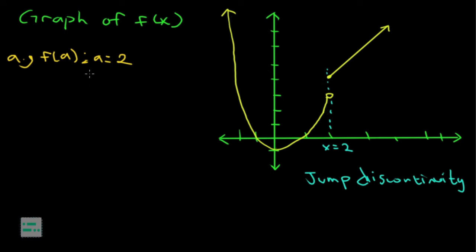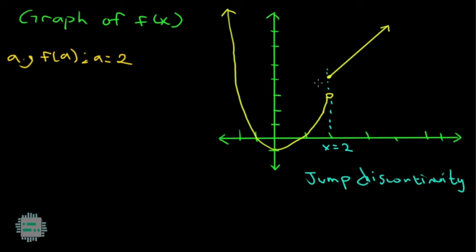Pansinin that if you plug in 2 dun sa function mo, ibig sabihin if you evaluate this function at x equals 2, makita natin na may bilog nga dyan, pero meron namang point dito sa taas. So hindi siya undefined at x equals 2. Defined siya, hindi nga lang dito sa hole, kundi dito. X equals 2, y equals, rather, 1, 2, 3, 4.